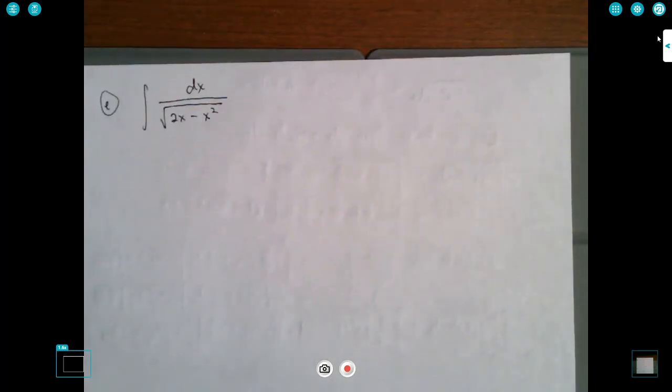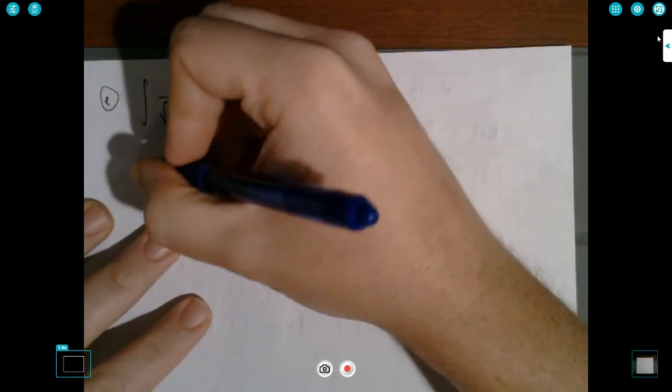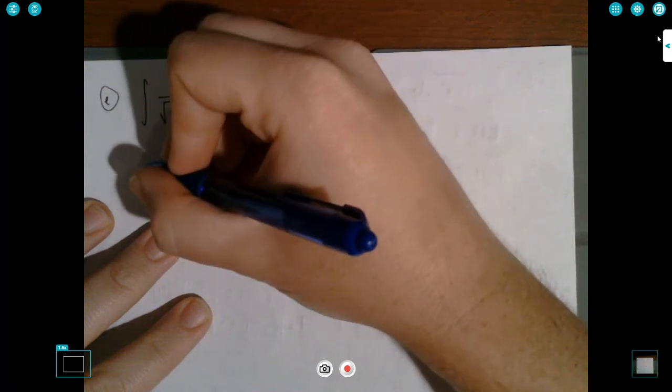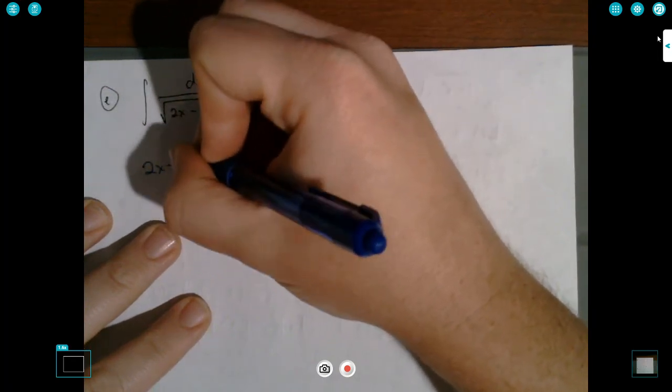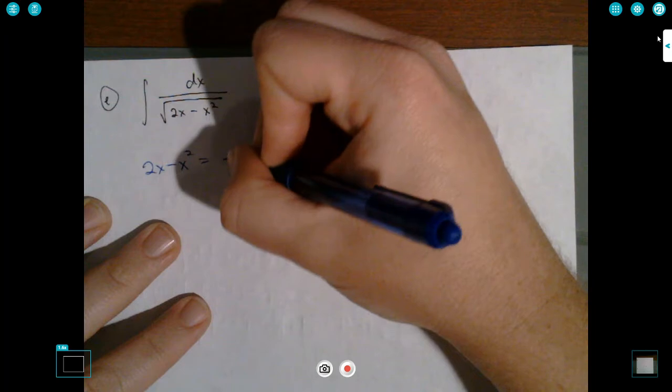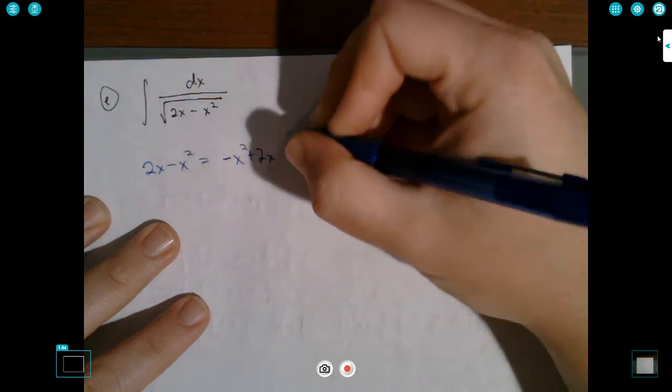Okay. So we've got this monstrosity, dx over square root of 2x minus x squared. First thing I'm going to do is some scratch work. 2x minus x squared is really negative x squared plus 2x.